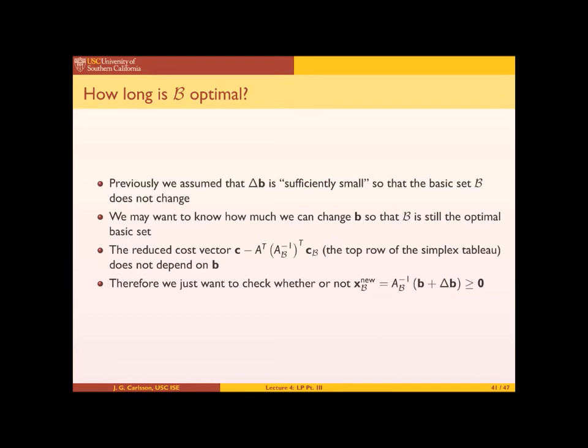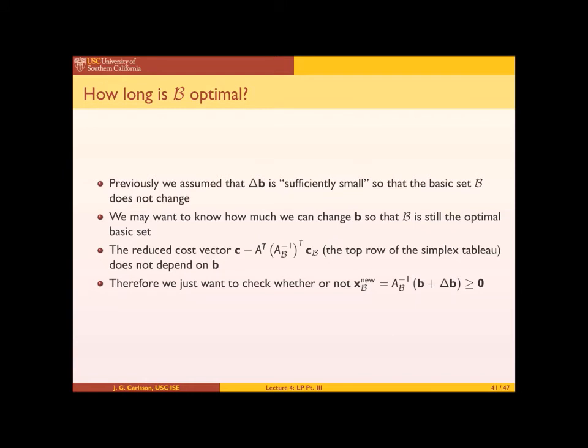So an interesting question to ask is, how big of a change can I have so that the same set of basic variables is optimal? If I really change that right-hand side, then I'm going to get a completely different solution. But if I change it a small amount, then it's plausible that the same basic variables would be optimal. So let's try and express that precisely.